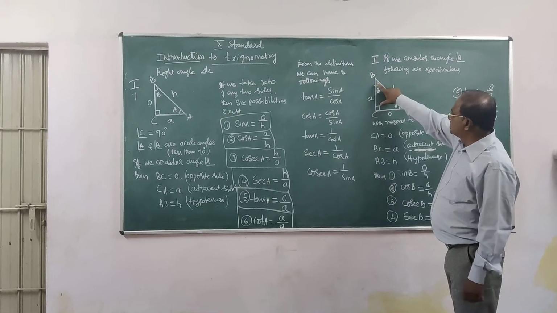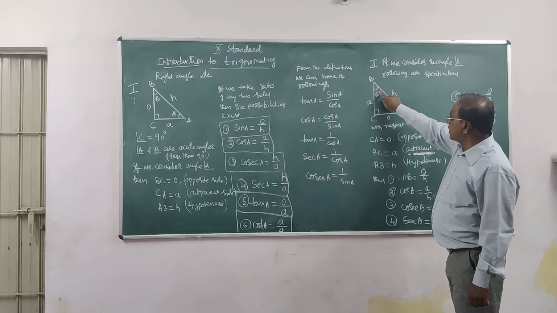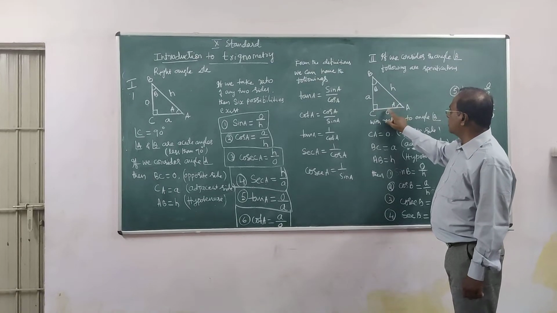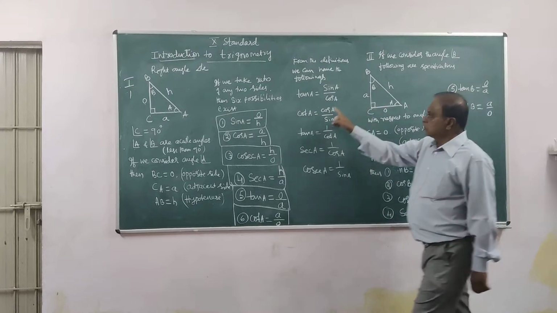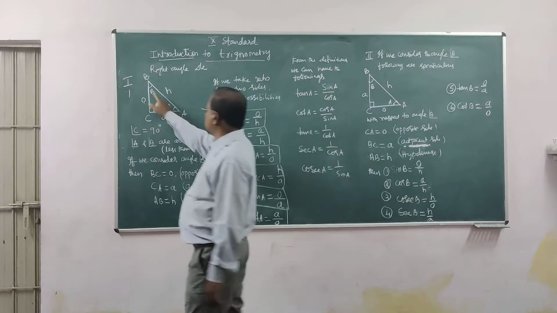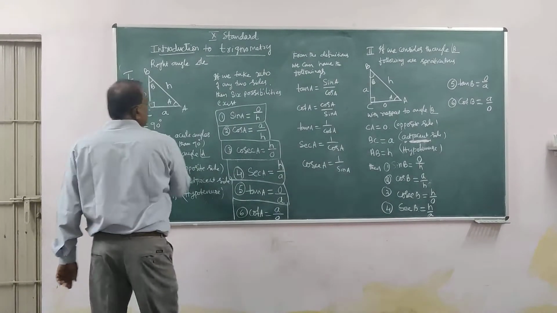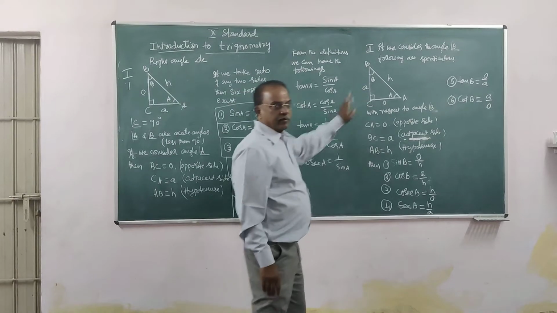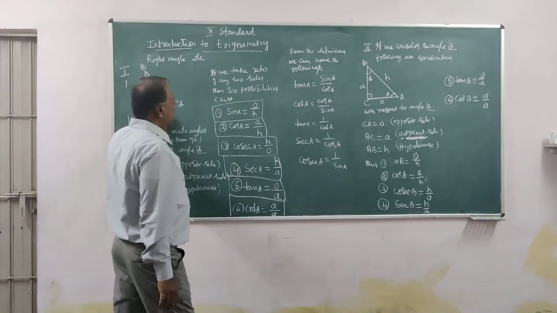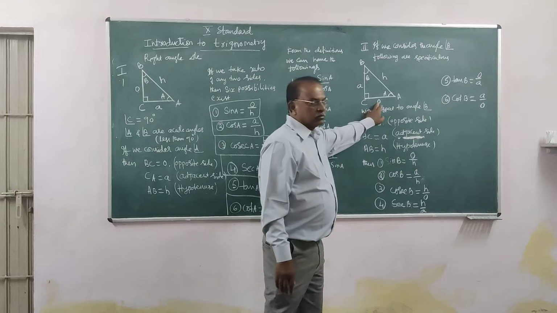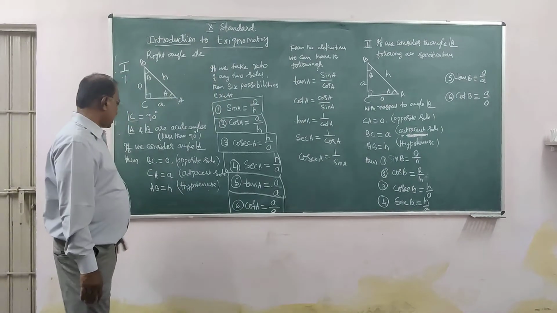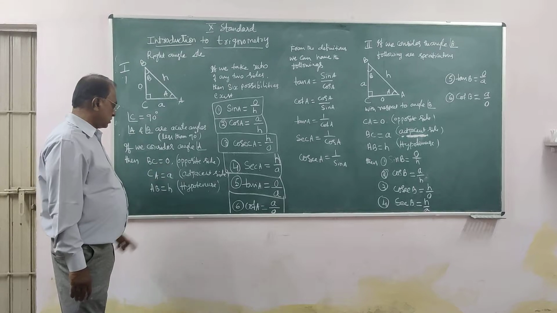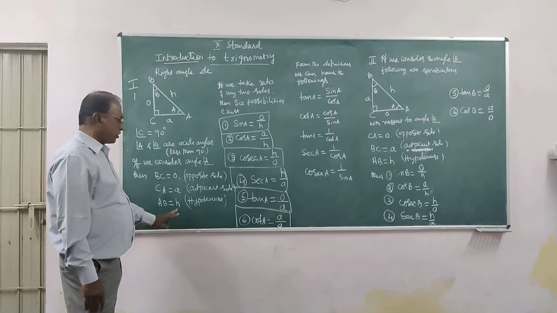Here, this side becomes adjacent to this angle, and this side becomes opposite to this angle. They are interchanged. Opposite becomes adjacent, and adjacent becomes opposite. We have symbolized the sides as opposite side, adjacent side, hypotenuse.